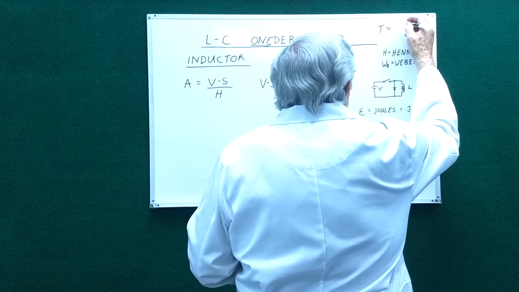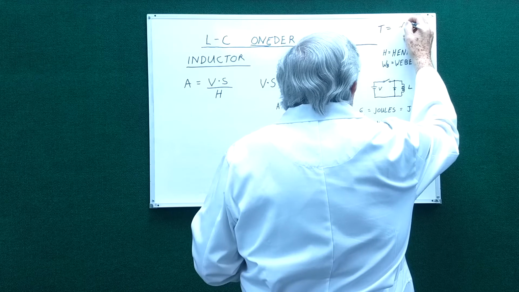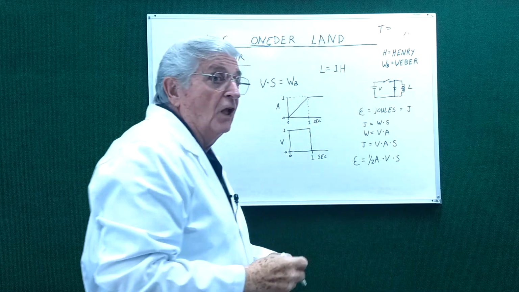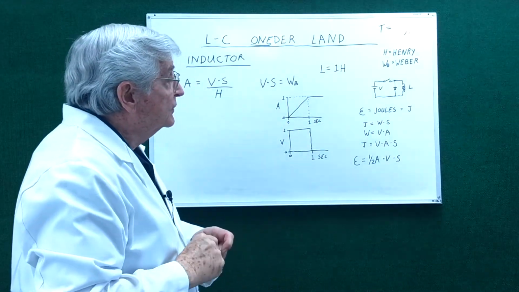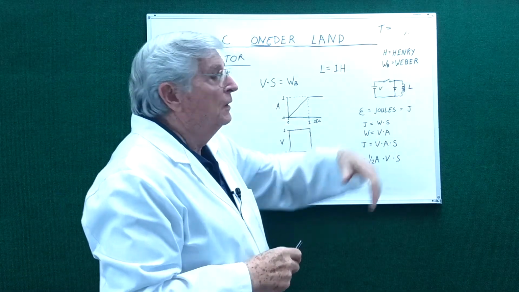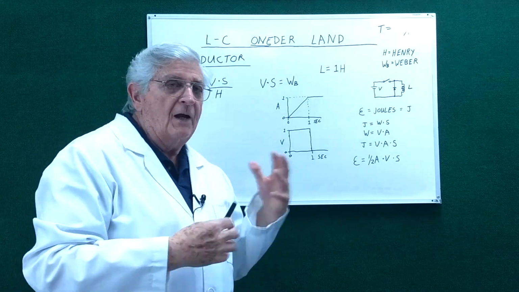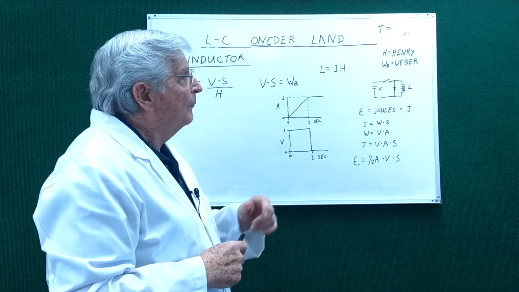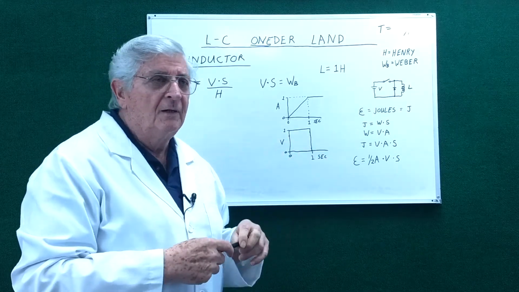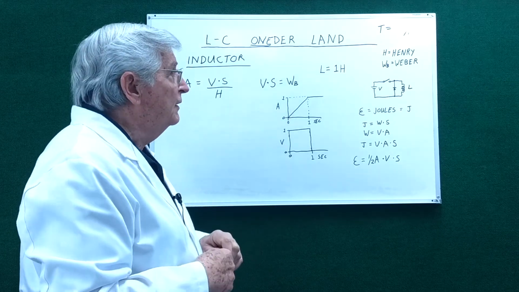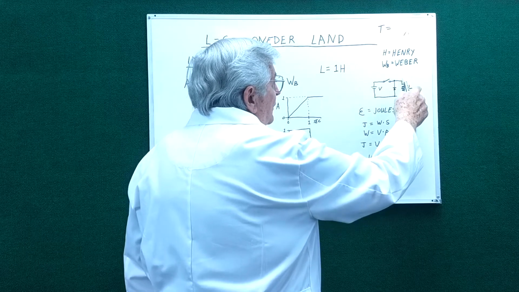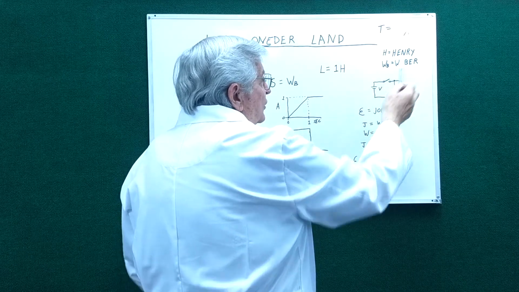And the Tesla is Webers per square meter, which is flux density. Now, a lot of discussion about magnetics will try and get you into flux density right away. And that ends up sidestepping a lot of issues that really need to be understood before you get into flux density. So at any rate, when you pass current through an inductor, you generate flux that's measured in Webers.